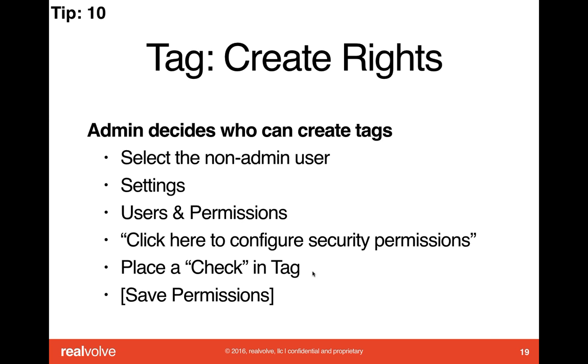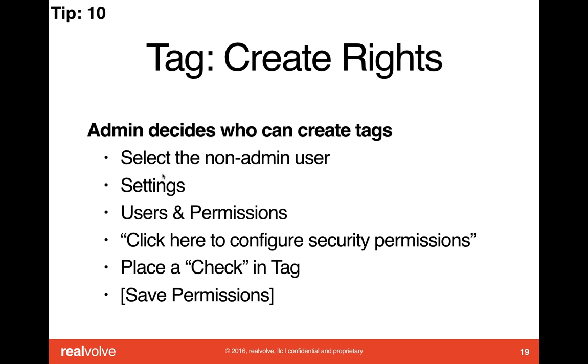If you have a list of tags and you don't see what you want in there, you might go in there and just type it in. Well, you may not want everybody to be able to just type it in. You can go into your users and permissions section, and an admin has to do this.